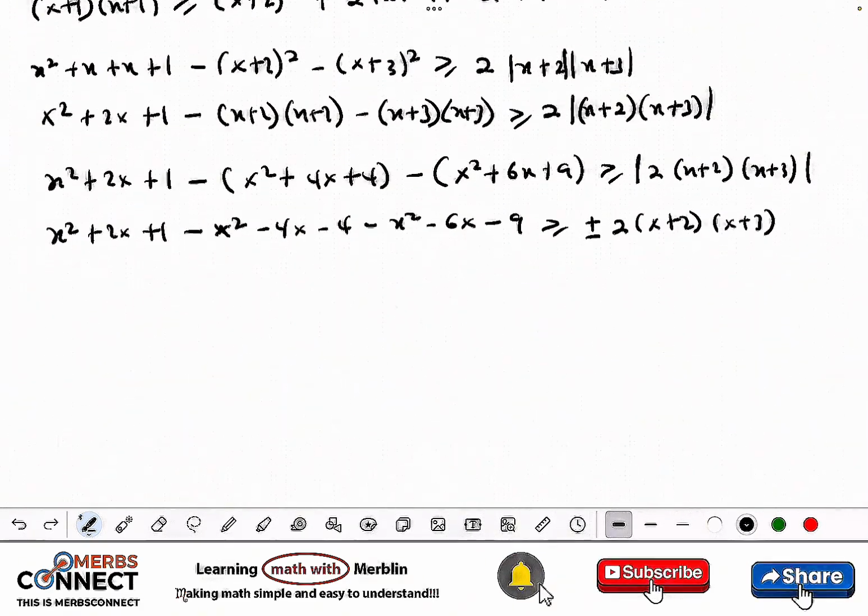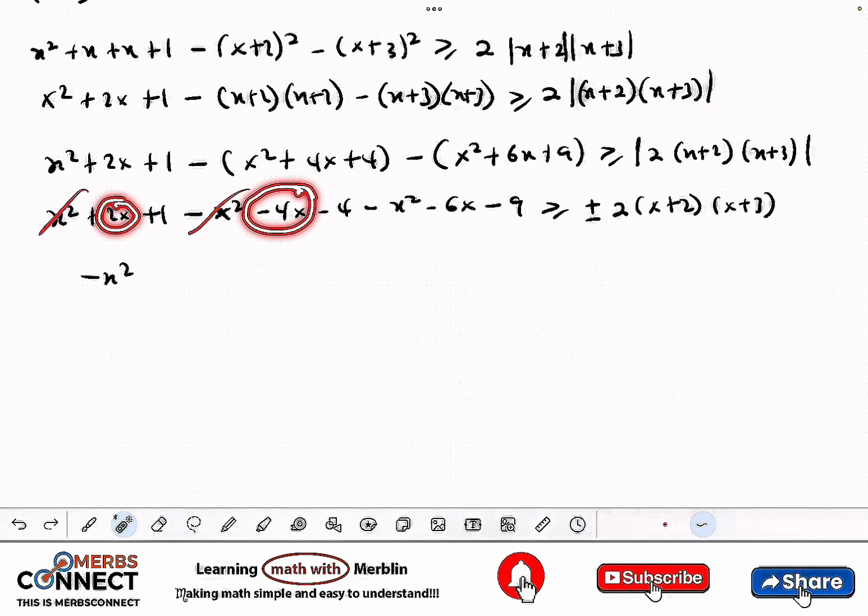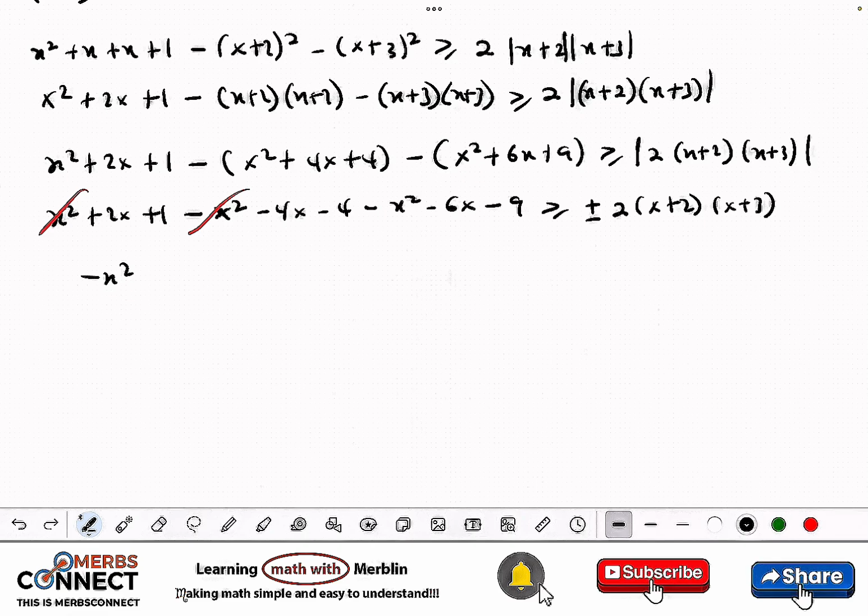Now let's see what we can do here. Now this will cancel this, right? So we are going to be left with minus x squared, which is here. Then 2x minus 4x will be minus 2x. In addition to this one is going to give us minus 8x, right?